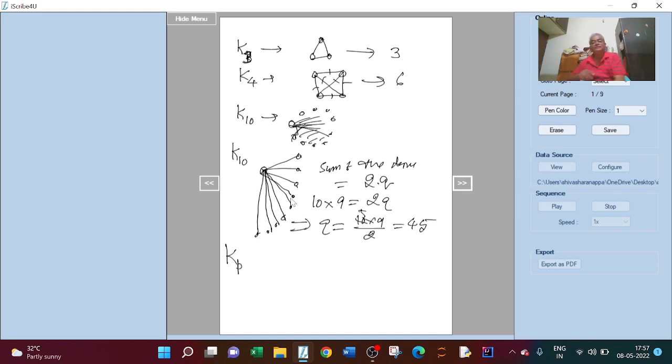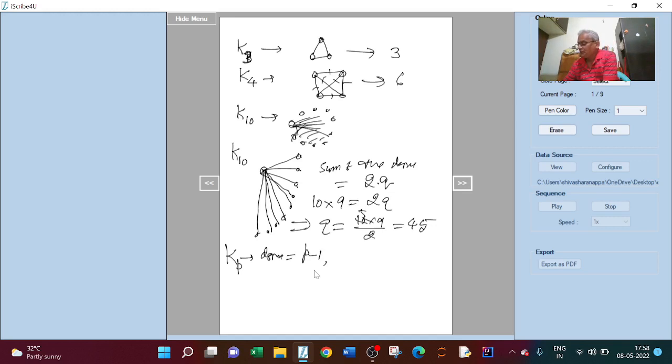So in general, Kp is a complete graph with p vertices. What is the degree of each vertex in Kp? Degree of each vertex is equal to p minus 1, because Kp is a complete graph with p vertices. Therefore, every vertex is adjacent with every other vertex, meaning degree of each vertex is equal to p minus 1. Then, what is the sum of the degrees? p vertices are there, degree of each vertex is p minus 1.